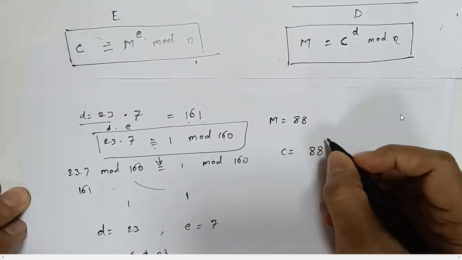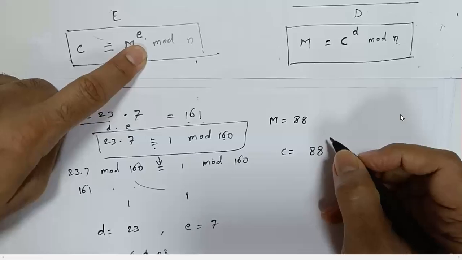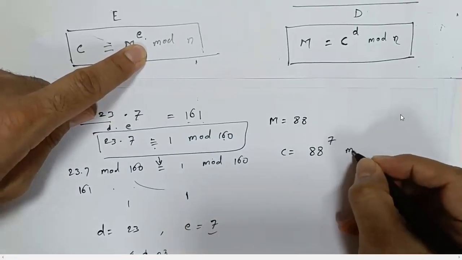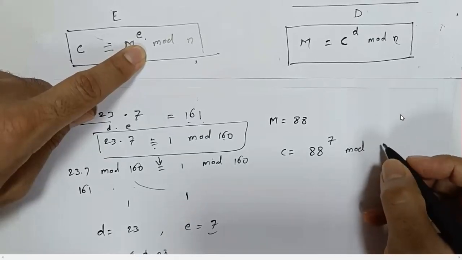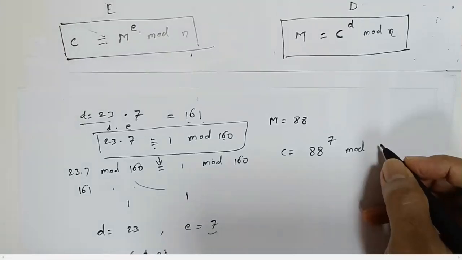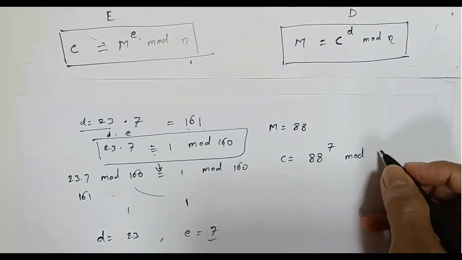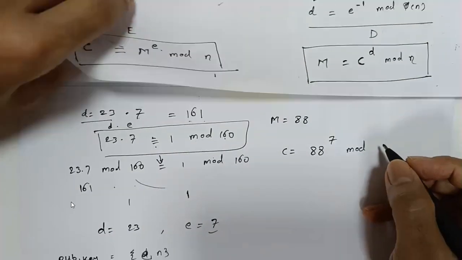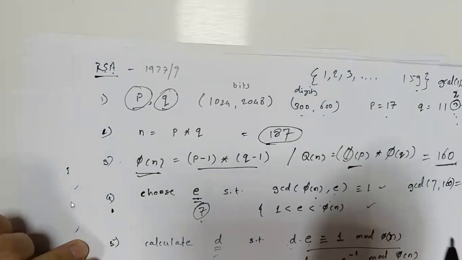M raised to E, where E is 7 here, mod N. What is N? Anyone? N is 187.